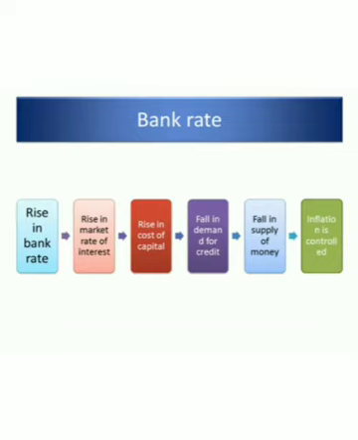So during inflation, the central bank increases the bank rate, and due to this there is a rise in the market rate of interest, and people will demand fewer loans from the commercial banks. When fewer loans are demanded, there will be a decrease in the supply of money, which will help to control inflation in the economy.